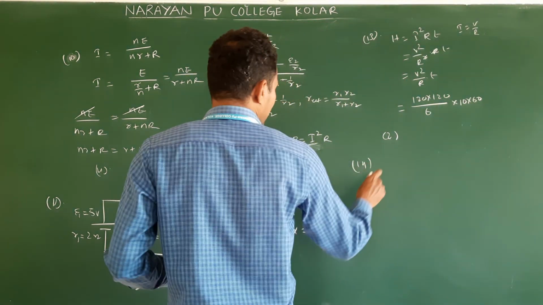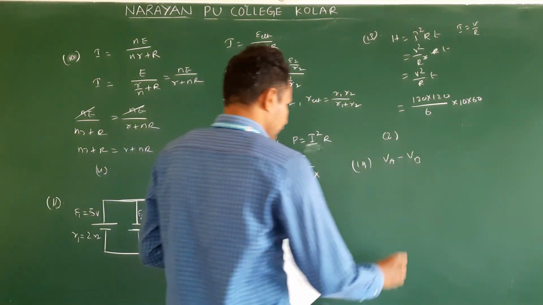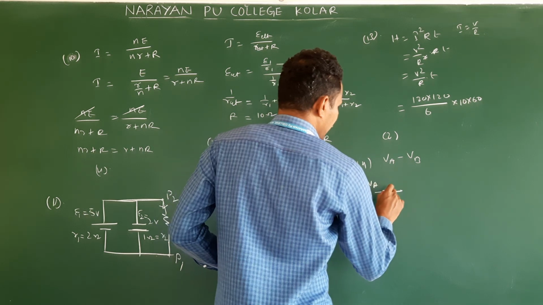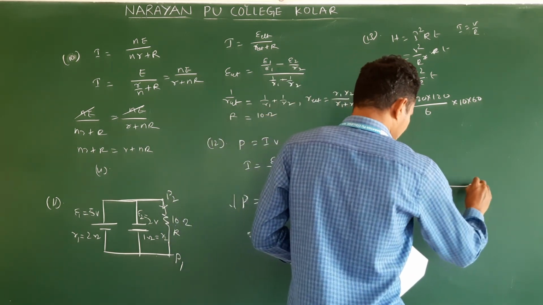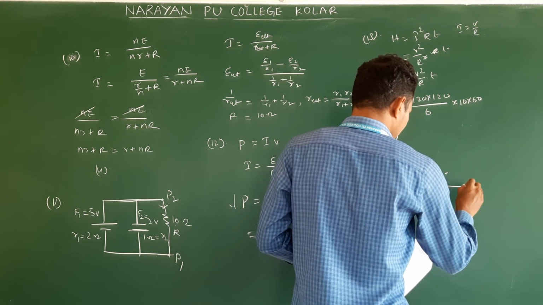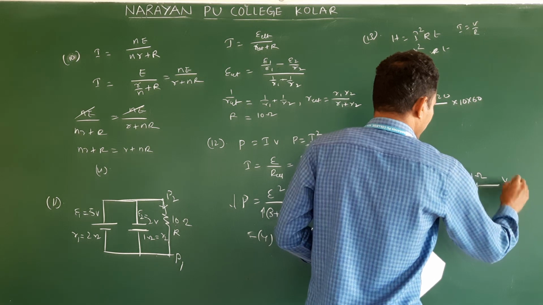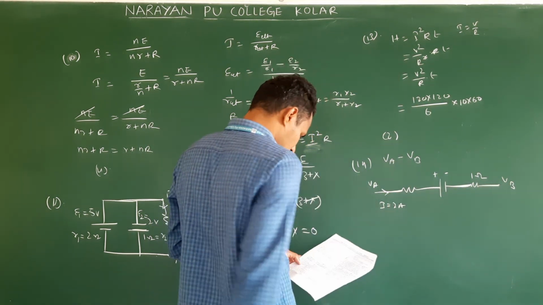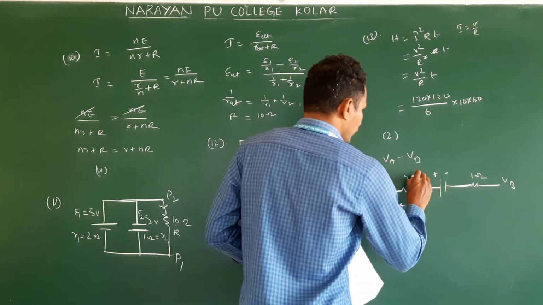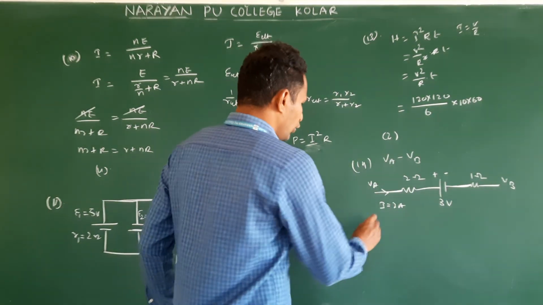They are asking the potential difference between. They have given a circuit. This is VA, a resistance, a battery, this is plus and minus, and another resistance is given, 1 ohm, this is VB. Current I is equal to 2 ampere is passing. What is the resistance here? 2 ohm. This is how many volts? 3 volts. Then how do you write?